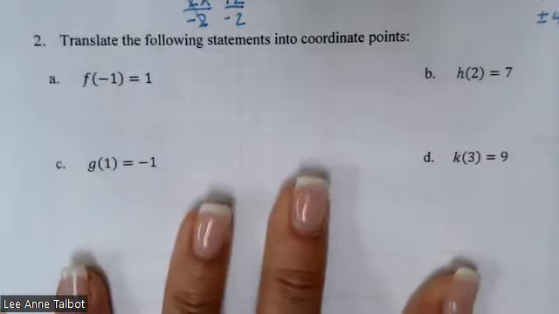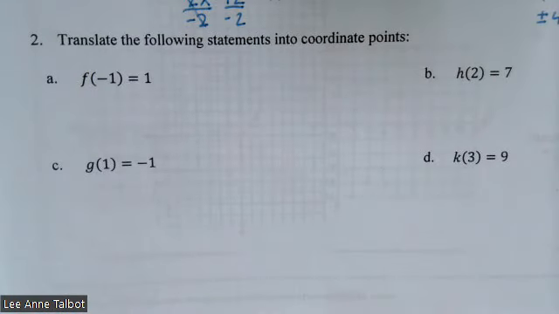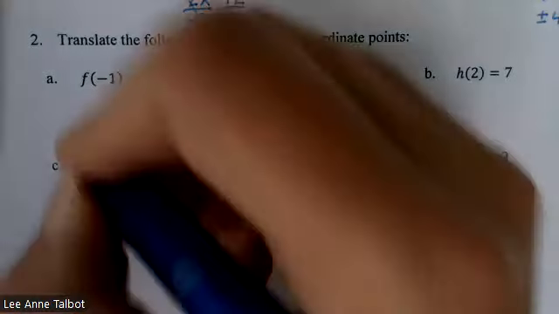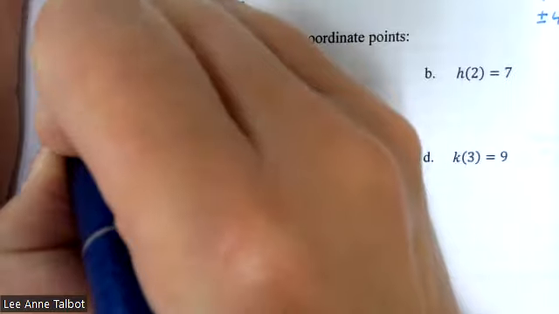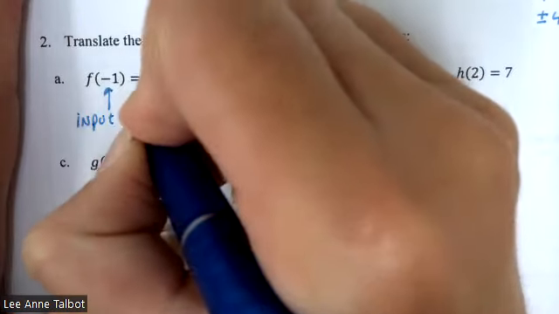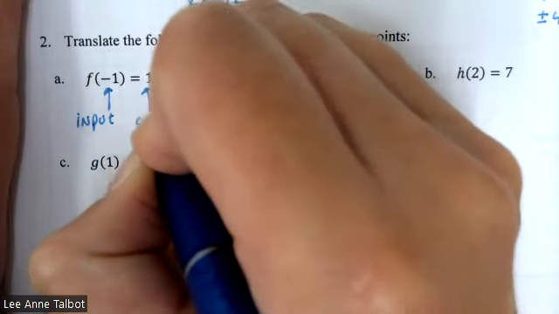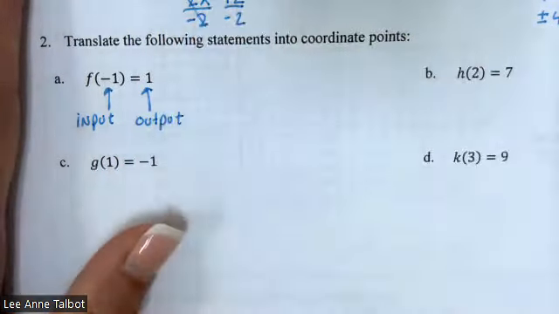Okay, now moving on to the next section. You're going to love these. Okay, we worked on this on number 37, where I found the coordinates on that graph, and that's actually on the back side of this page. It says, translate the following statements into coordinate points. This part here is the input, and this part here is the output.